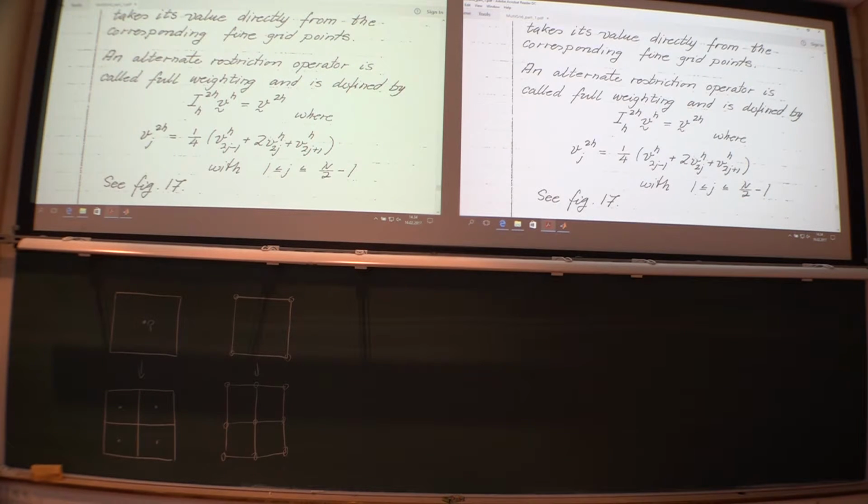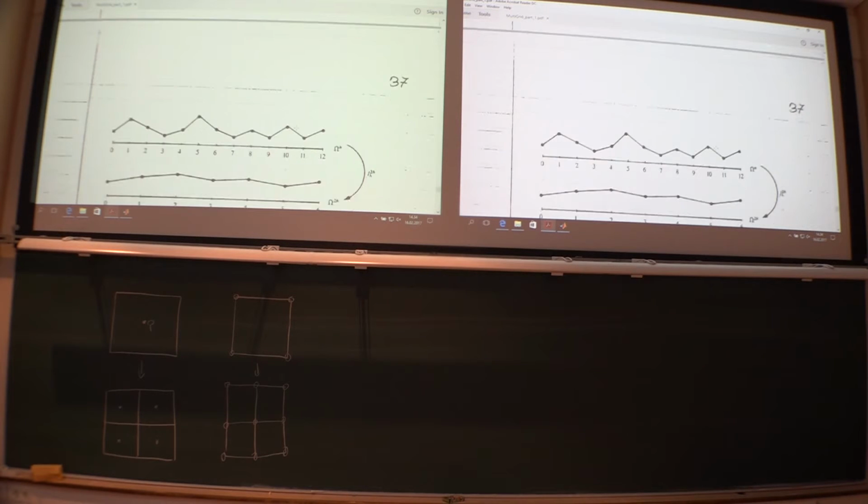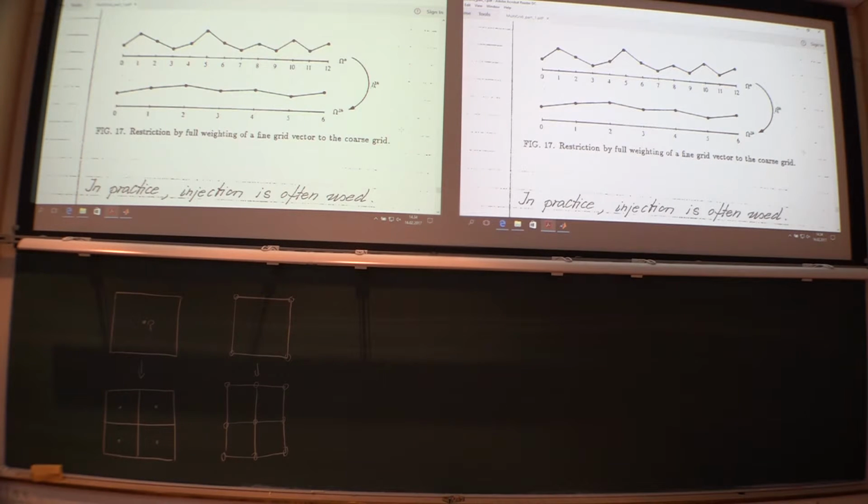You can also use some weighting here, saying that one point on the coarse mesh is sort of an average over the three locally neighboring points around the one you're interested in on the coarse mesh. So here with a weight of 1 plus 2 plus 1 is 4. So here you will then actually have a smearing effect if you use this full weighting.